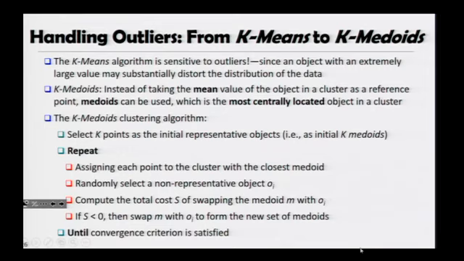And in this slide, it actually talks about how we can use the midpoint. And I will define what is the midpoint here to replace the mean value. So the midpoint here actually means the central data point in the cluster. So remember, midpoint here basically represents a specific data point or data objects in your data set.